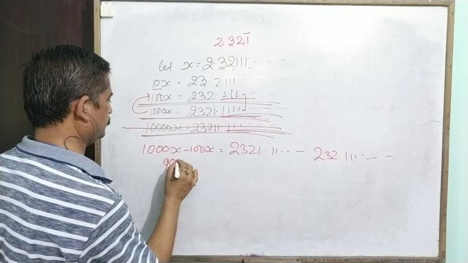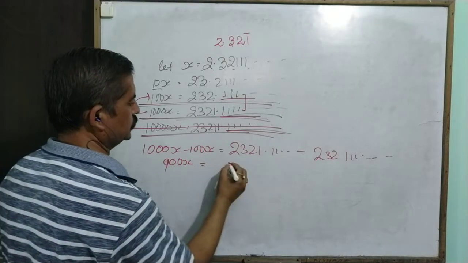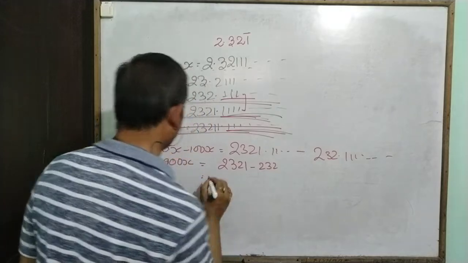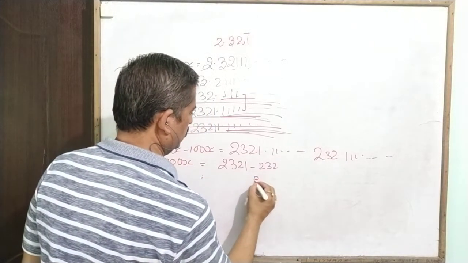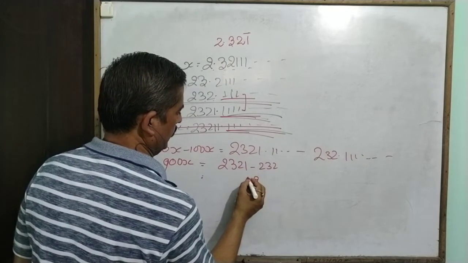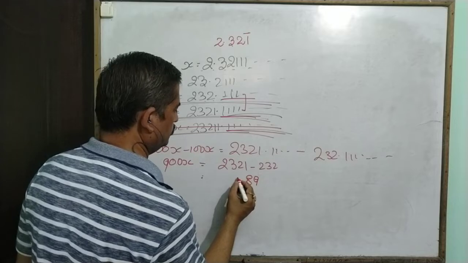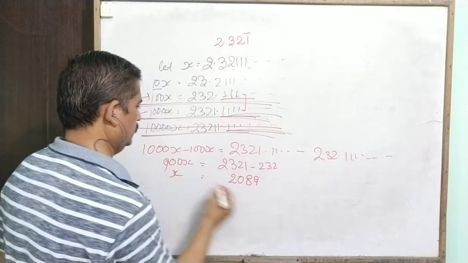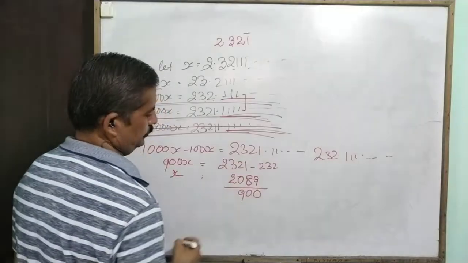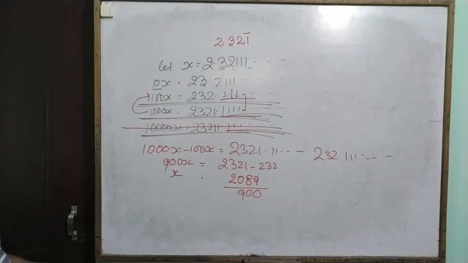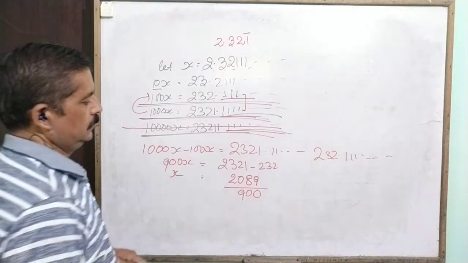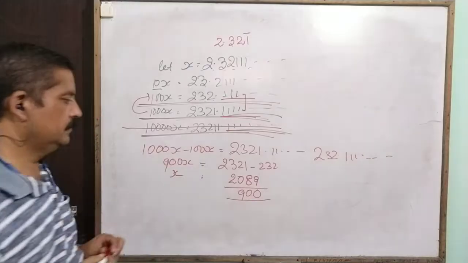So 900x plus 2321 minus 232. So 9, 8... So it is not in the simplest form further.